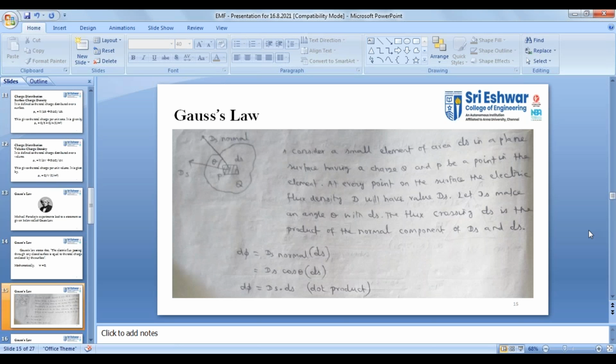Right. Now we will move on to something called Gaussian surface. See, the diagram which I have drawn here at the left hand top, we call it the Gaussian surface.